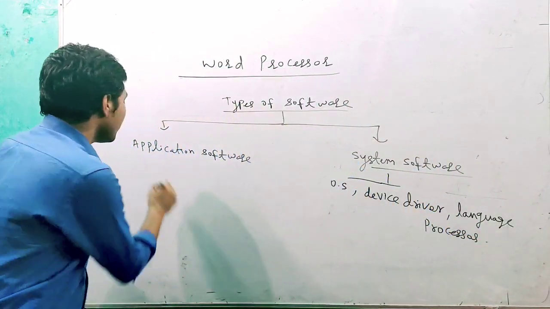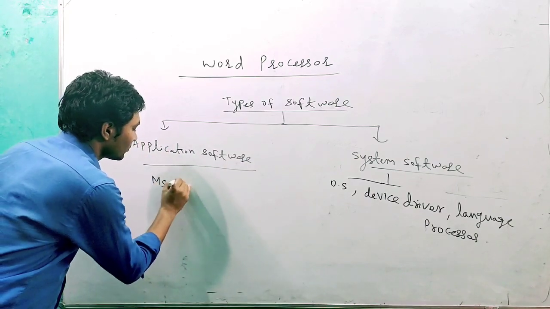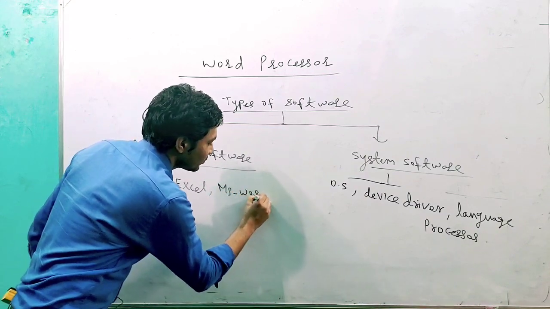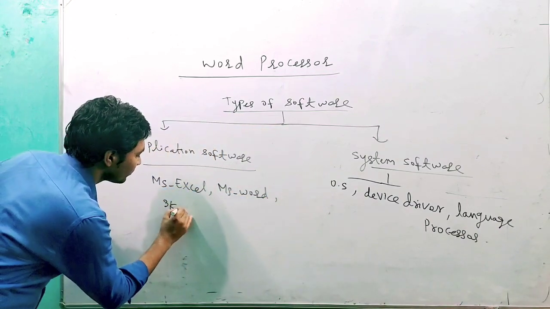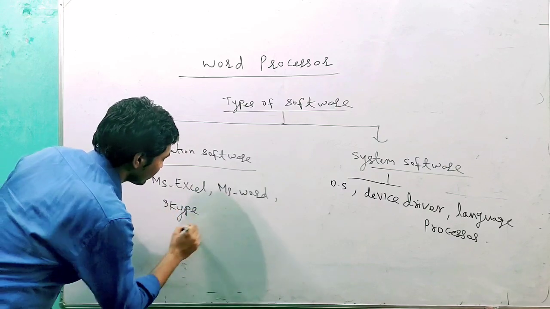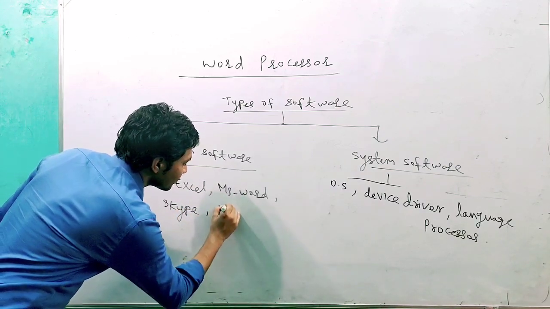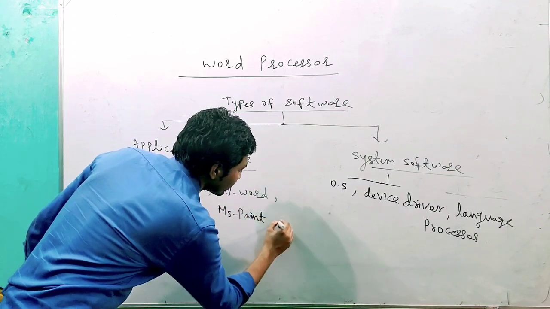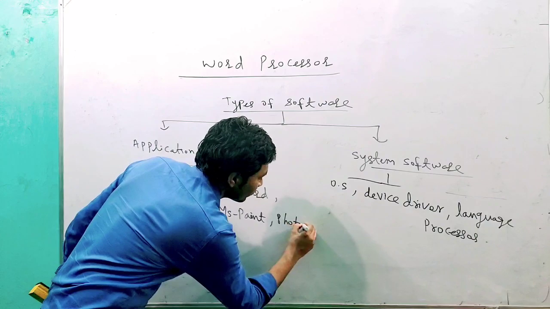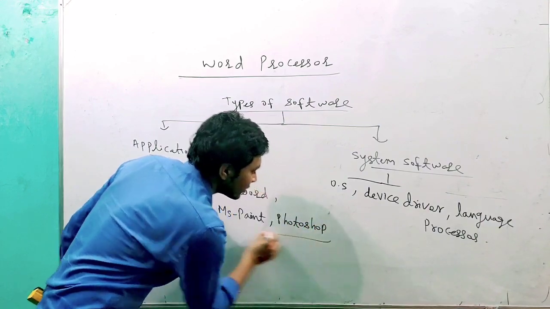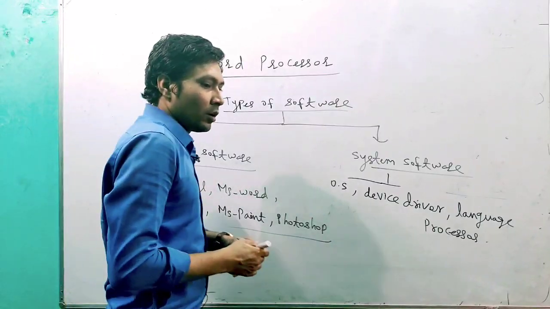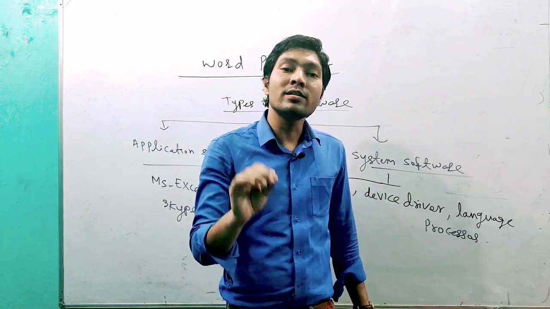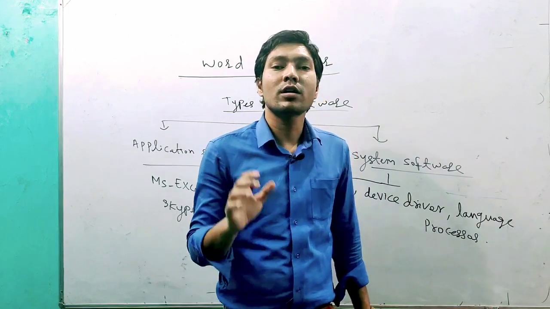Examples of application software are MS Excel, MS Word, Skype, MS Paint, Photoshop, etc. So application software works for the user and system software works for the computer.